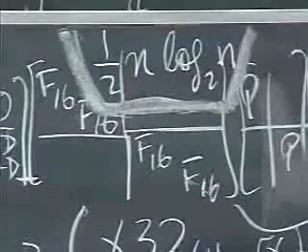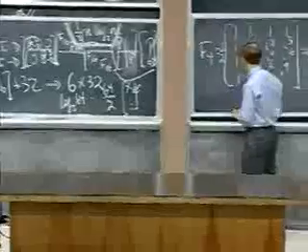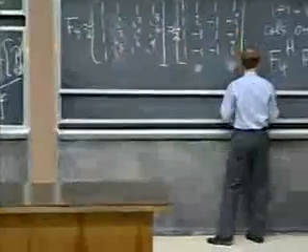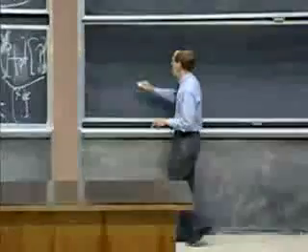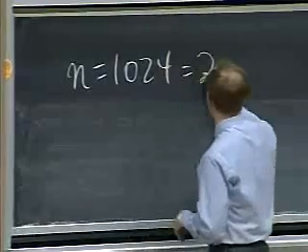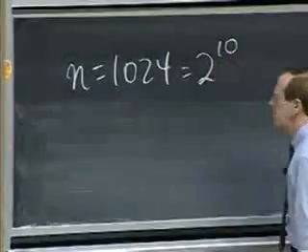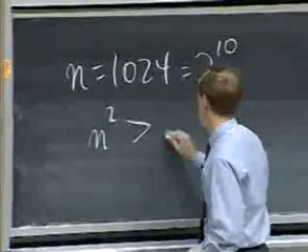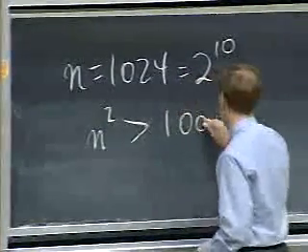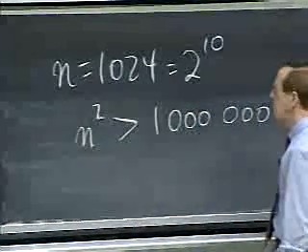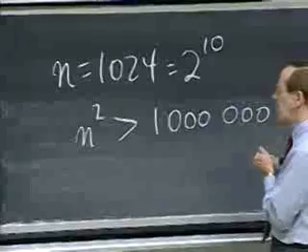And if we just complete by doing a count, let's suppose a typical case would be n = 2 to the 10th. Now, n squared is bigger than 1,000,000. So it's 1,024 times 1,024.